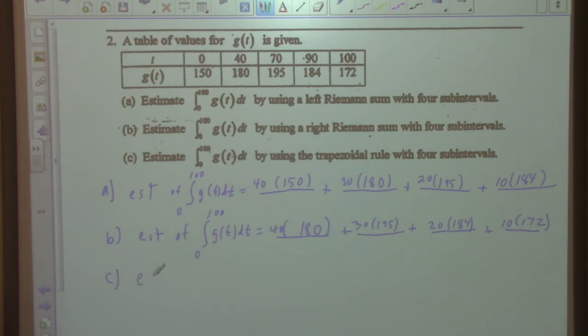Now you have the trapezoidal sum, 0 to 100, g of t dt, is equal to blank plus blank plus blank plus blank.